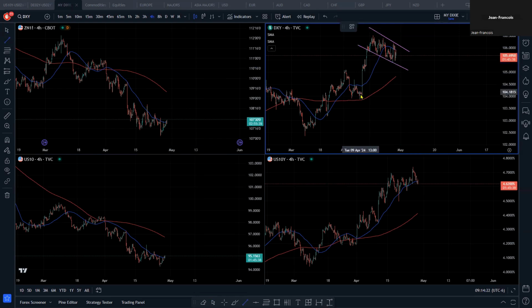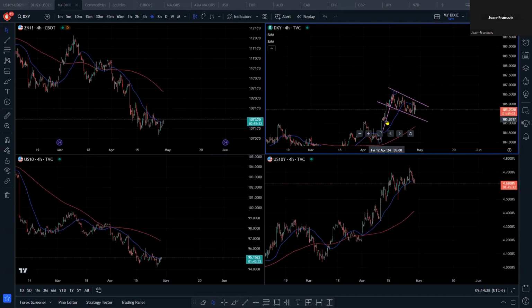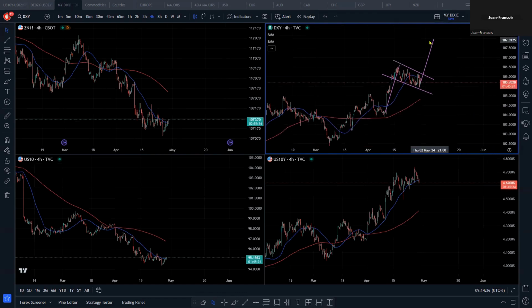All right, so if that's our dollar index, 108, boom. If dollar index is going in this direction, our euro is going to do something similar in the opposite direction.